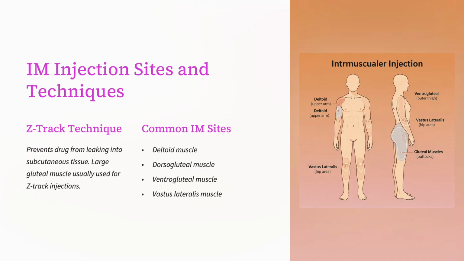And we want to use what's called a Z-track technique. Sometimes when you give an IM injection, the medicine will squirt right back out. To prevent that from happening, you hold your hand and hold the skin tight, kind of move the skin over, and then stick your needle in.